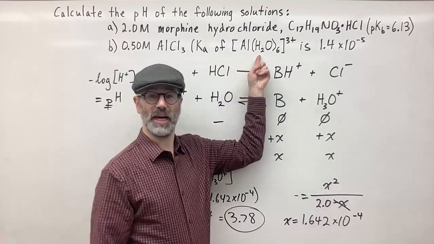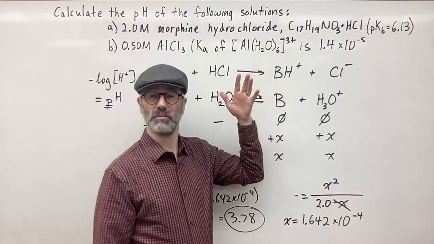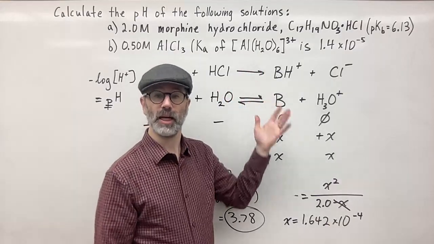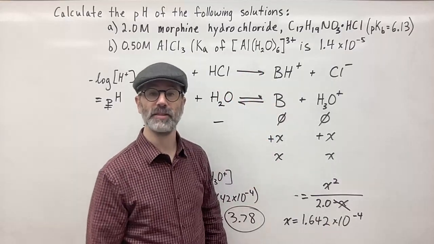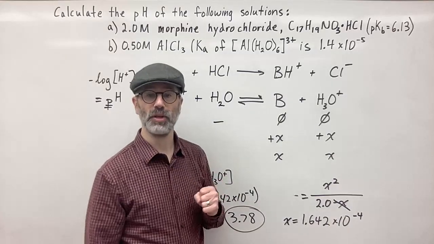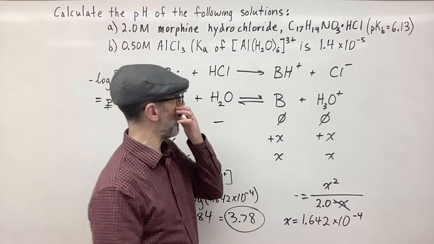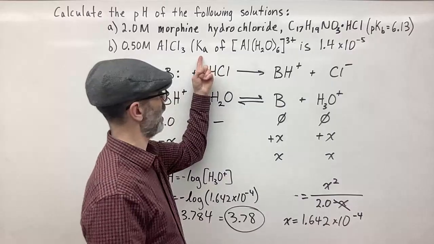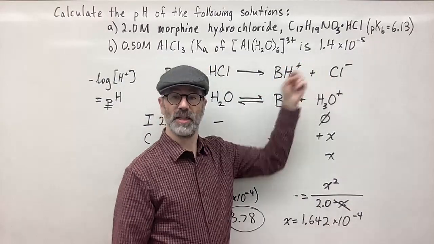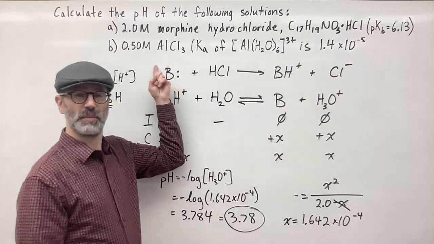The hydrogens on the water molecules become more acidic, so they can come off and form hydronium ions through the reaction with other water molecules. So that's why they're giving us the Ka value of this complex when we're talking about aluminum chloride.